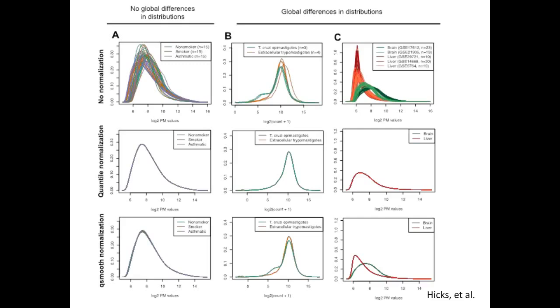Each line represents an individual sample, and the x-axis are the values. So for example, you might have a gene that has 10 reads assigned to it, another gene that has 200 reads. So 200 would be here, one read would be here, and how many genes are represented at 10? There are quite a few, the majority of the distribution is there.